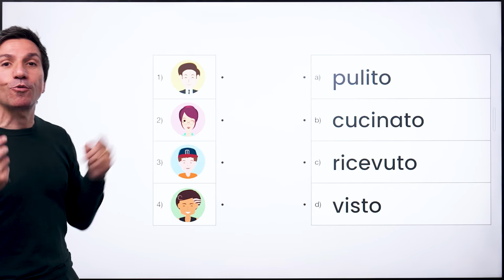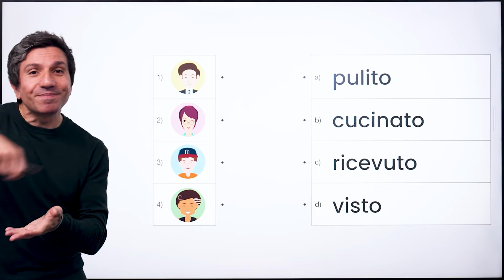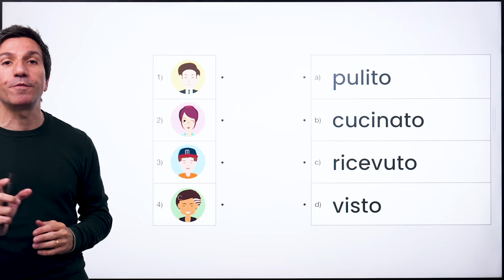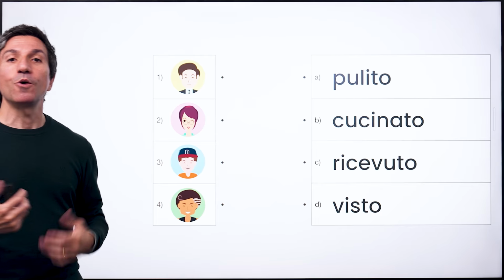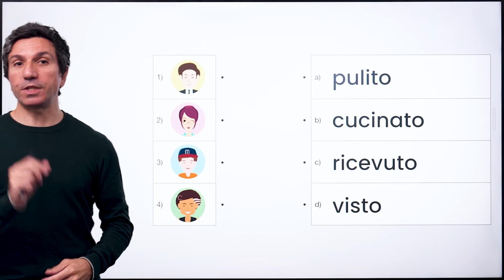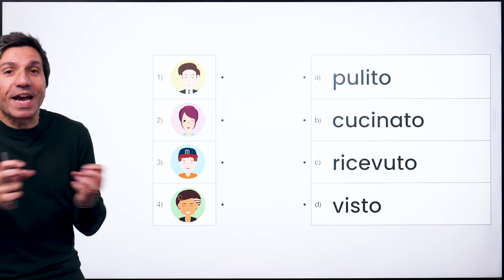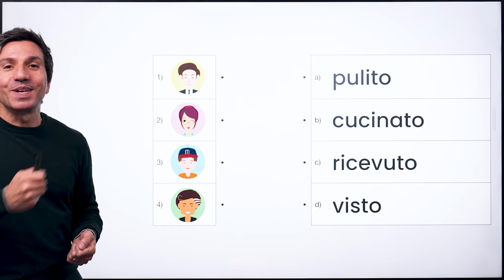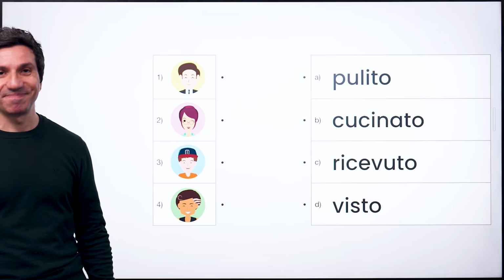Did you hear? Cucinato? Cucinato, meaning cooked, is the past participle of the regular are verb cucinare. We use ho, the present tense of avere, meaning I have, together with cucinato, to talk about a completed action in the past.